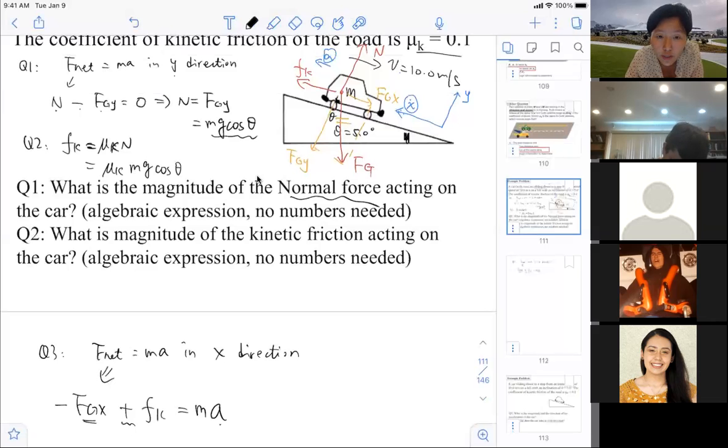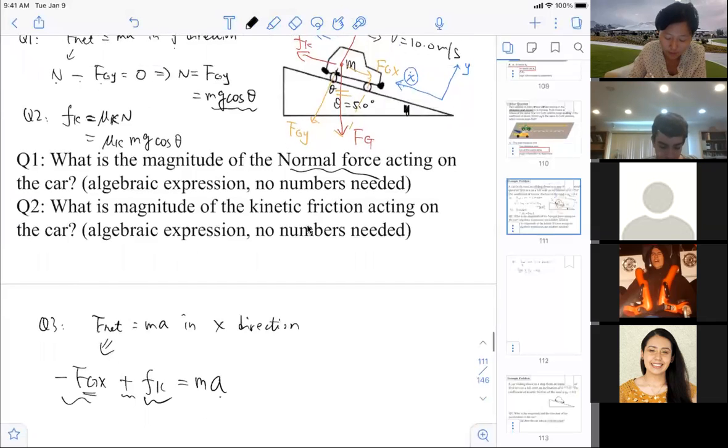I have a question here. Is the friction also equal to the opposite of the horizontal component of gravity? Yeah, you're asking about question 3 here. If the car has no acceleration along the ramp, then yes, friction will equal the component of gravity.